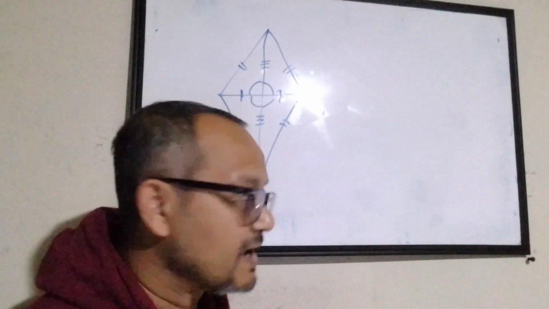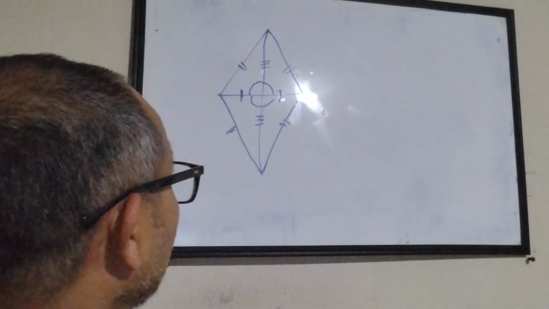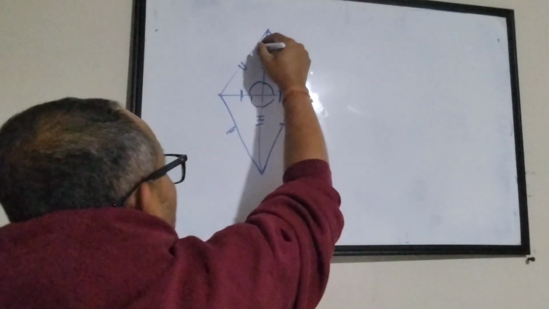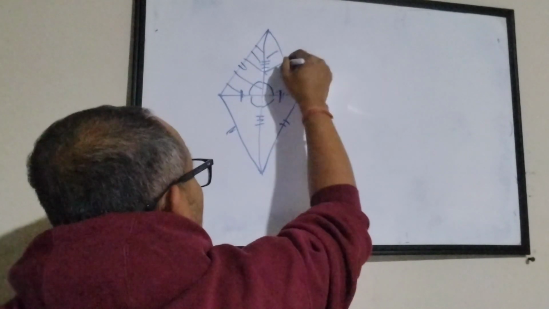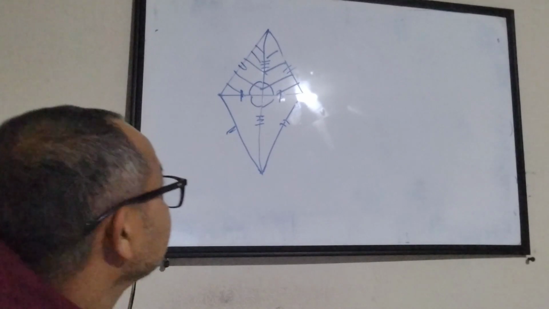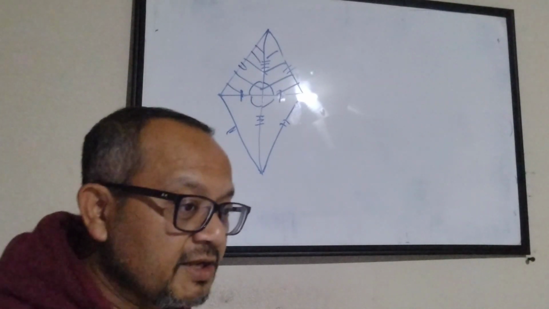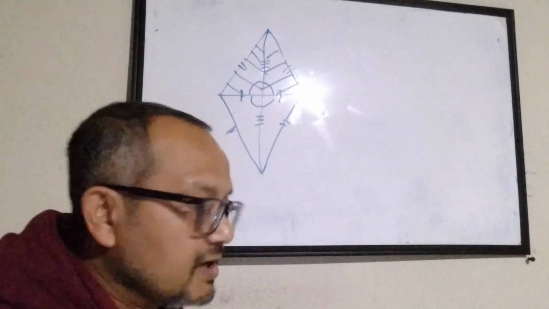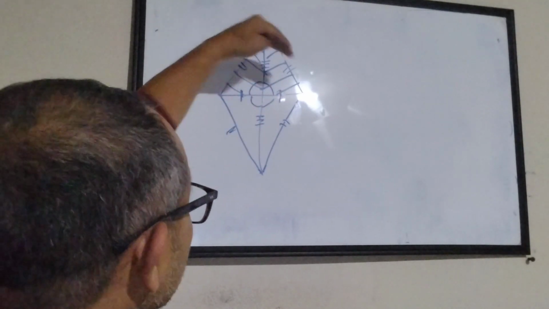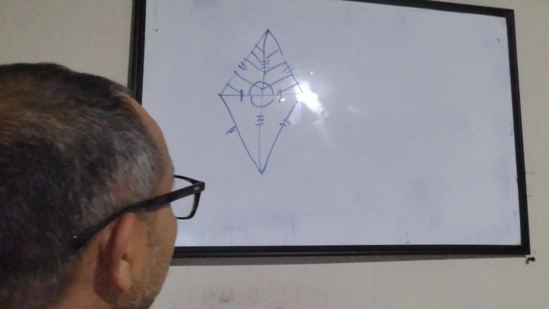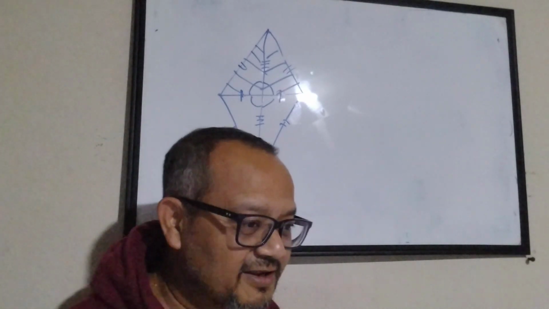Now you look at this triangle and this triangle. What do you see? They are congruent, aren't they? Because both are right angle triangles, the hypotenuse has the same length, and this side is common. What else do you need? It's congruent.